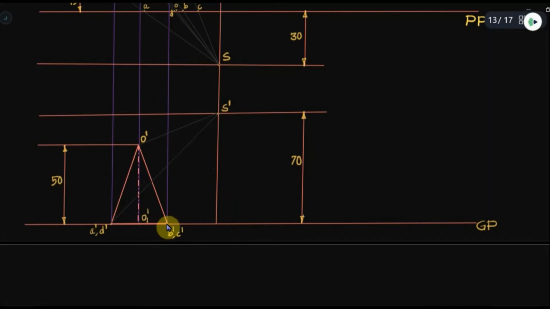Similarly connect from B dash, C dash to S dash. So when you draw these projectors, you need to draw only 4 now because from O dash, then A dash, D dash coinciding, B dash, C dash coinciding, then O1 dash also will draw one from O1 dash also.